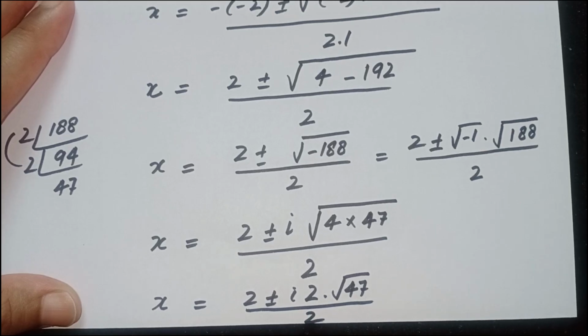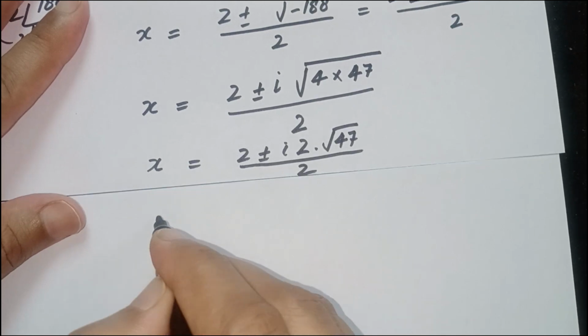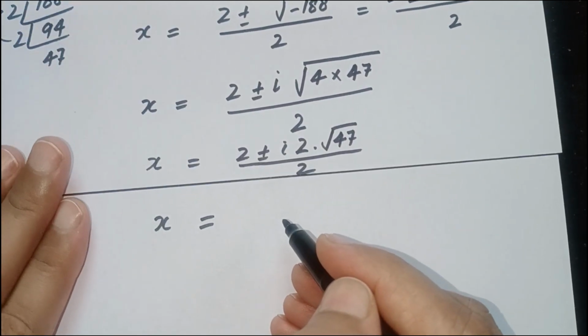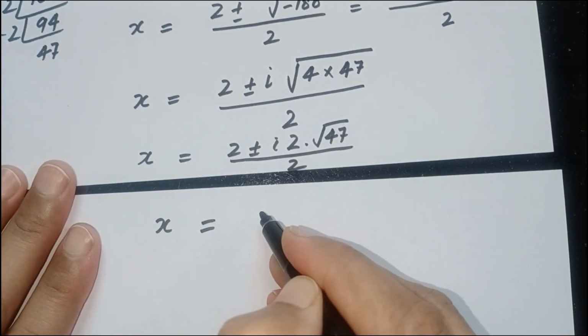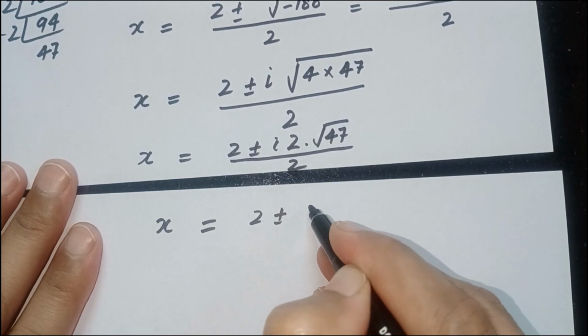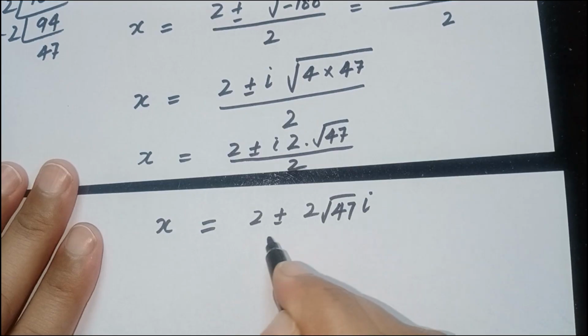So in the next step, x is equal to 2 plus or minus 2 times square root 47 times i over 2.